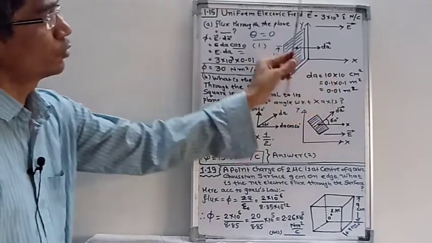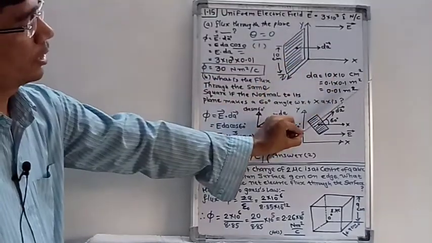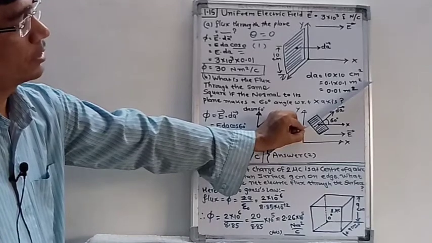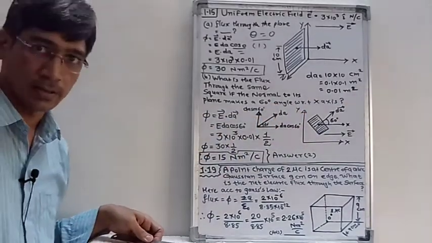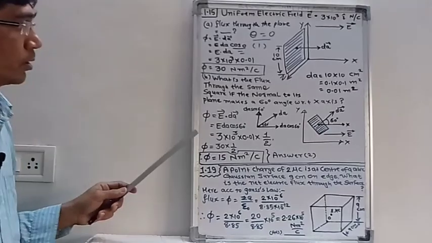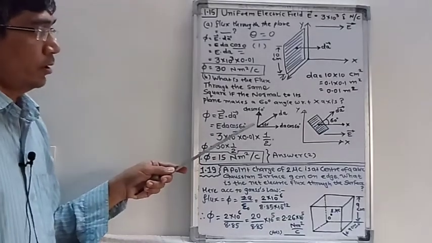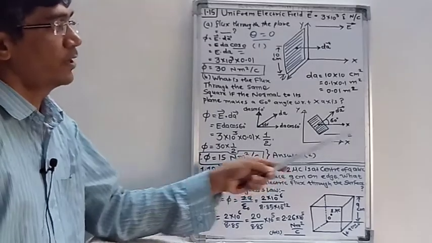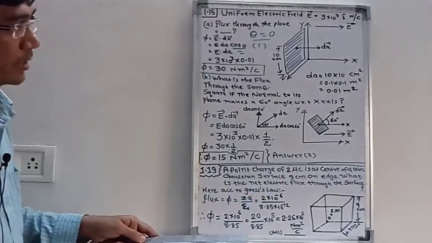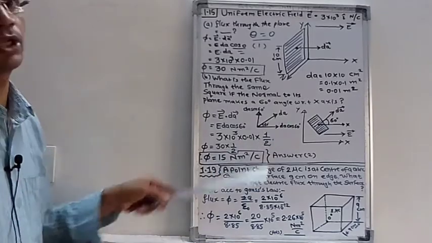This is the plane whose area direction is making an angle of 60 degrees with the electric field, or with the x-axis. So here we get the area element in the electric field direction, that is dA cos 60.